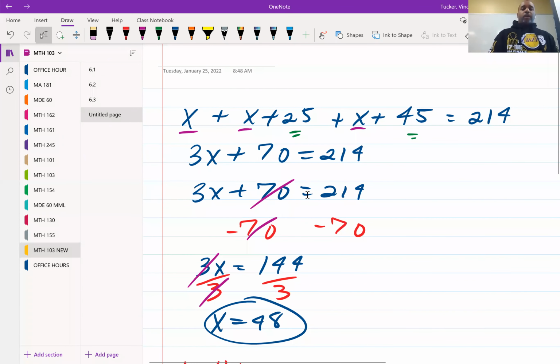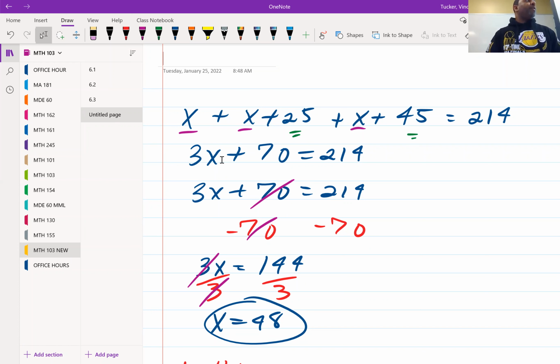So here we go. Now, like I said, I'll drop the parentheses and we have X plus 25 plus X plus 45 equal to 214. First thing we want to do is combine our like terms. X plus X plus X is 3X. 25 and 45 is 70.